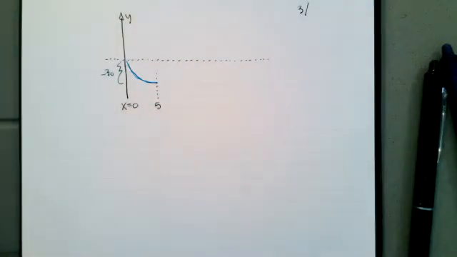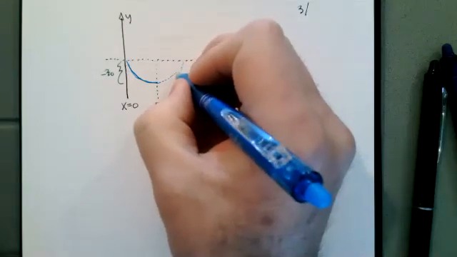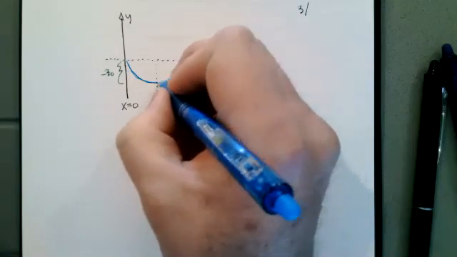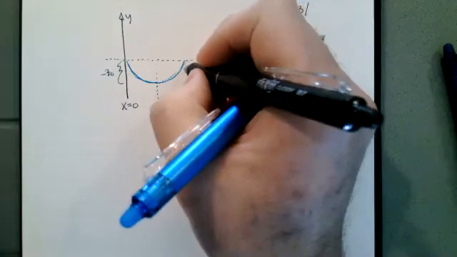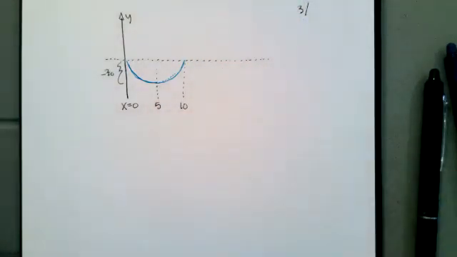From 5 to 10, we're going to draw something increasing and concave up. And the amount of change from 5 to 10, the area is 30, so it just goes up another 30.